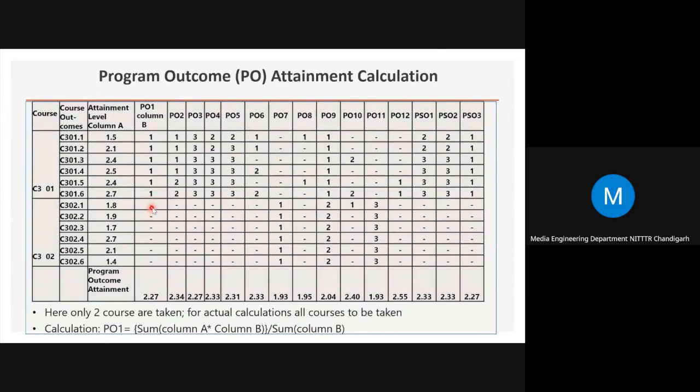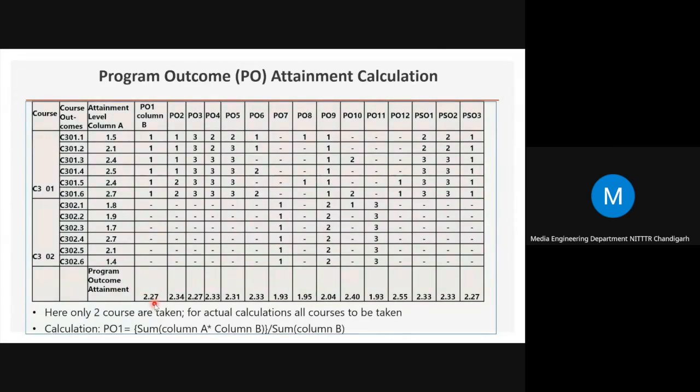And here you can see that there is no entry, so we'll not multiply these values with any number here because this is not mapped. So we'll multiply and add. That sum will be divided by sum of column B. Now what is sum of column B? If we take the sum of this, it is 1, 2, 3, 4, 5, 6. So 1 plus 1 plus 1, 6 times, it will be 6. That sum will be divided by 6, right? When it is divided by 6, it will give us 2.27, right? This you can verify.